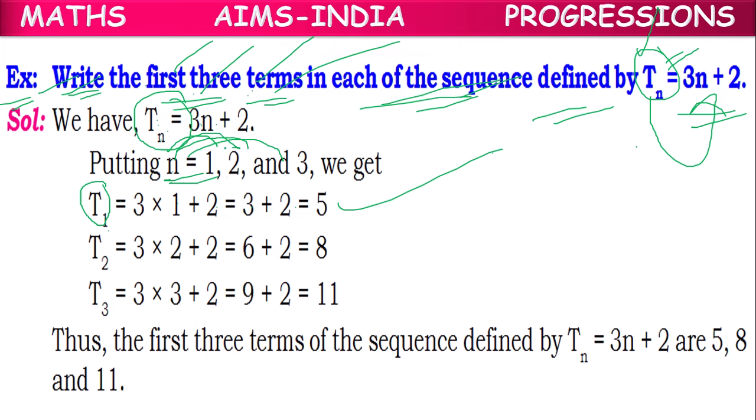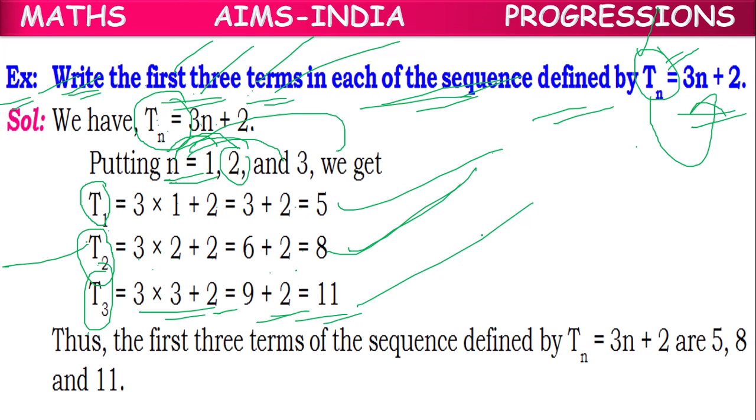If you keep n equal to 2, then the left hand side term will become T2, second term, right hand side term will become 3 into 2 plus 2. 6 plus 2, that is equal to 8. We have got the second term. If you keep n equal to 3, left hand side we will get T3. Right hand side 3 into 3 plus 2, 9 plus 2 equal to 11.